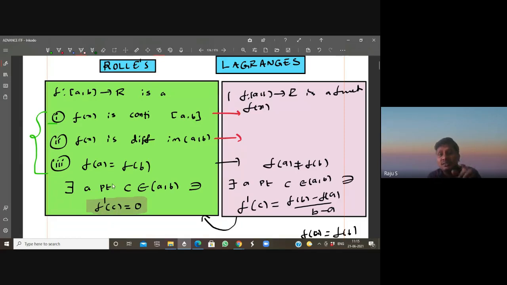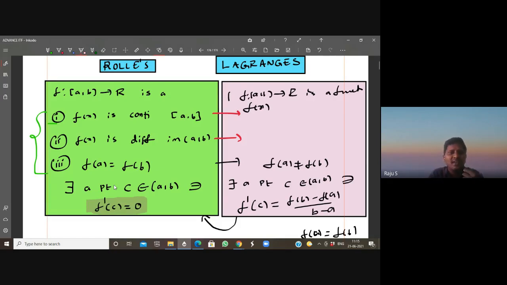If the function does not satisfy any one of the above conditions, you should not take f dash of c is equal to 0. Any condition is not satisfied, simply we can write the Rolle's theorem not applicable, the Lagrange's theorem not applicable. Okay, like that we can write, we can stop it.